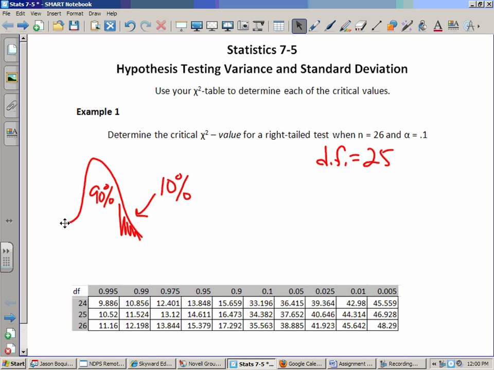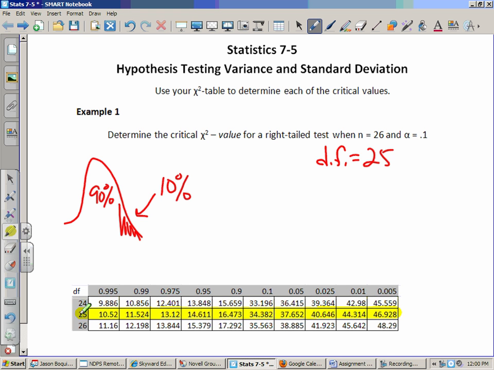So now where do we have to look, though? Obviously, you told me degrees of freedom, so you remembered that. And so we're looking at 25, right? But now remember that chi-squared gives you the area to the right of that value, right? So what value am I going to use? Am I going to use the 0.9?